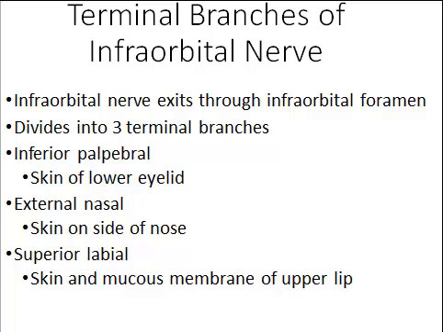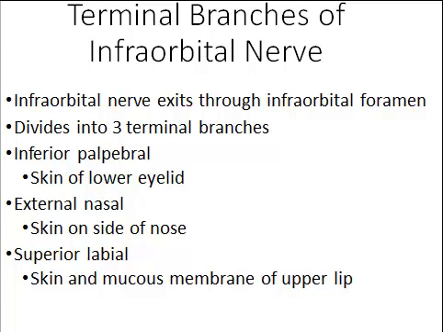So, when you give an infraorbital injection, you probably saw how high you had to go to get up to that foramen. And if you have the infraorbital nerve anesthetized, the clue to you that you were high enough is the patient will say their lower eyelid is numb.